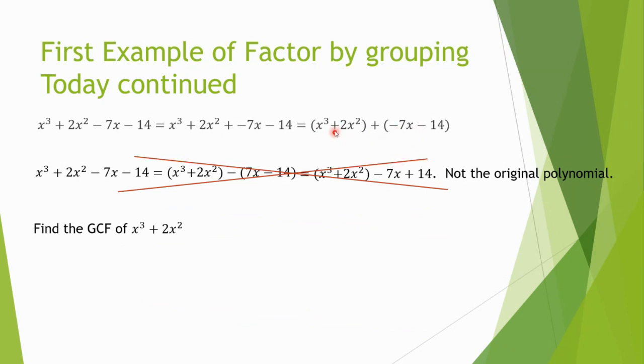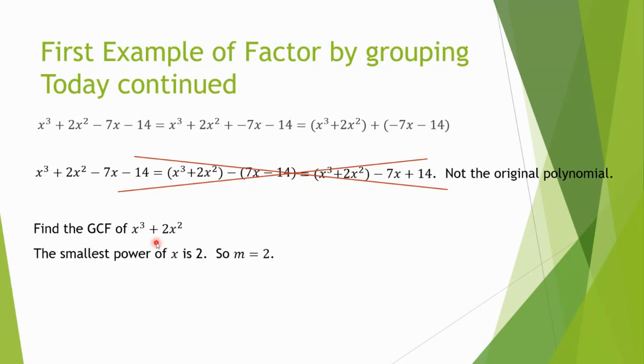Okay, so let's do that. For the first, when I say factor, I mean find the GCF of each one. For the first one, notice the smallest power of x is 2.